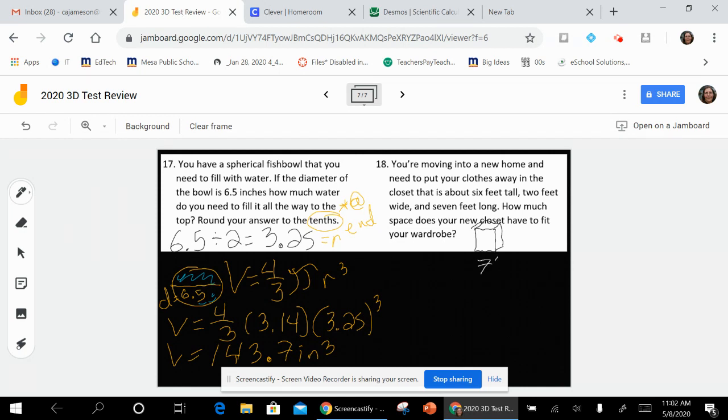Okay, so we have that 7 feet right there. Okay, 2 feet wide, so that's going to be right here. The width is going to be 2 feet, and then the height is 7 feet. No, sorry, 6 feet tall. Okay, so that's our height.